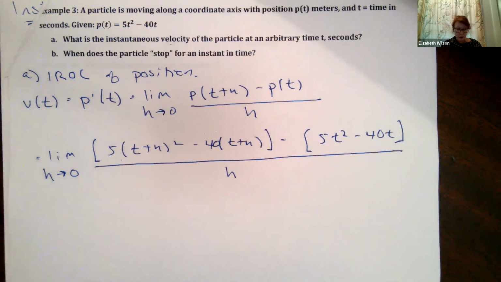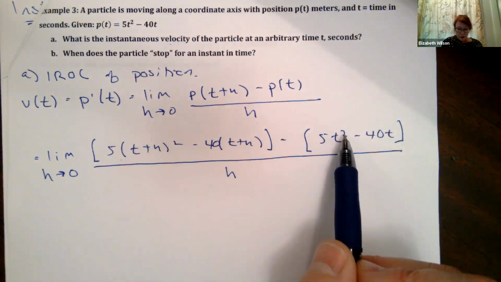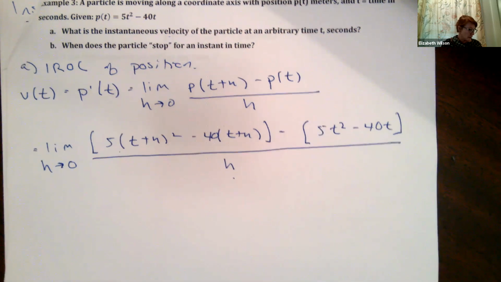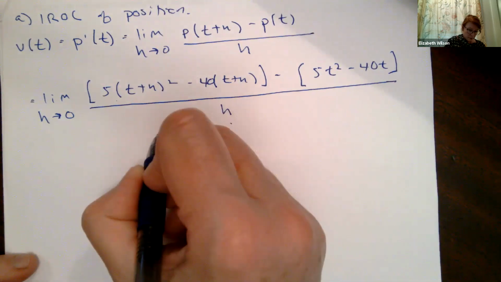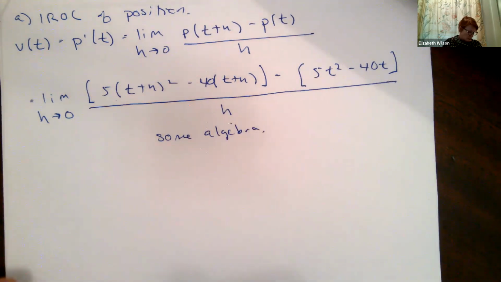Now there's algebra that we have to do to multiply this out, combine all the like terms, and simplify so I can get h out of the denominator. Just to warn you, there's some algebra going on.